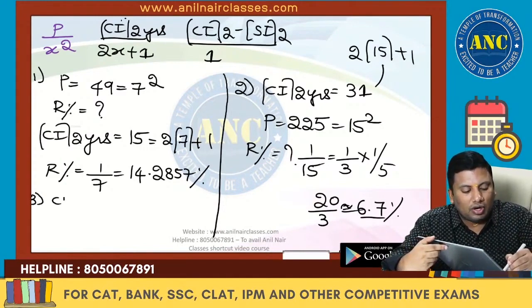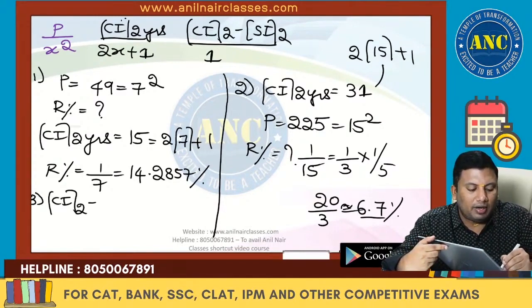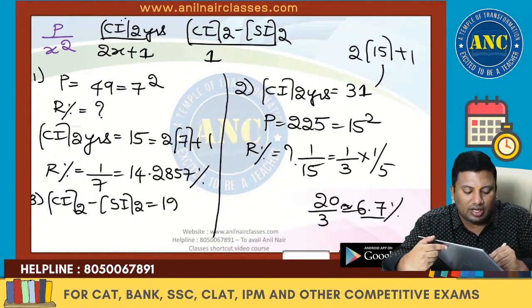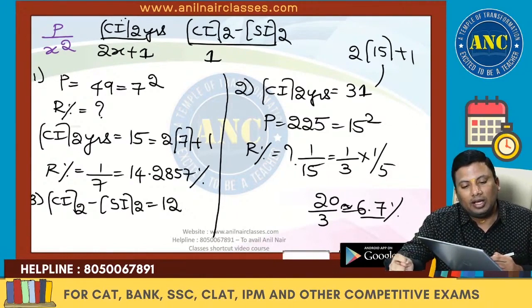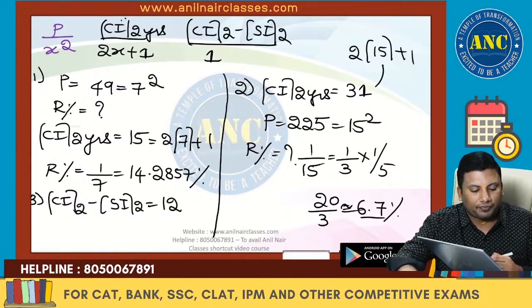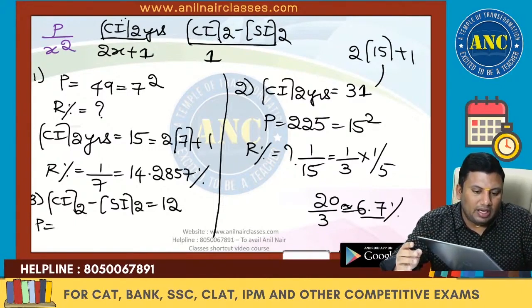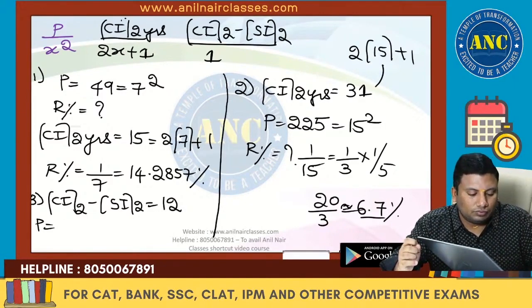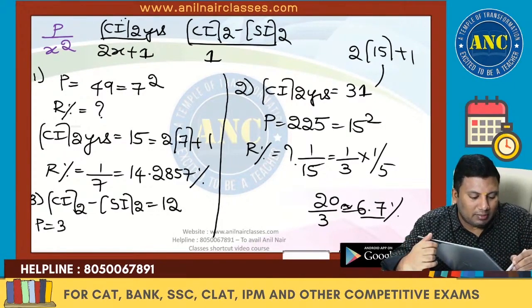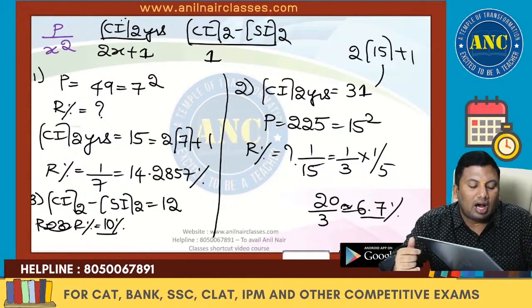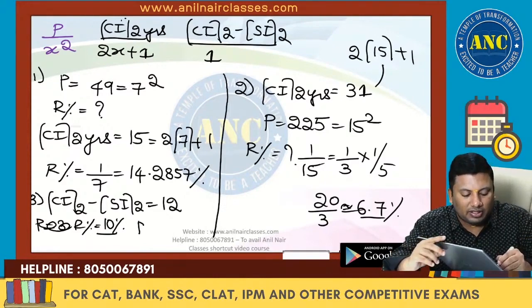Third question. You can solve like that. Any number of questions, sir. Compound interest minus simple interest for 2 years. It is nothing but 12. Now for example, R percentage is nothing but 10 percentage.